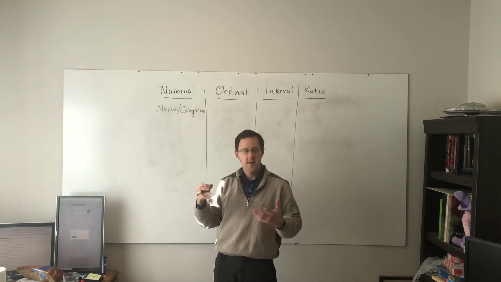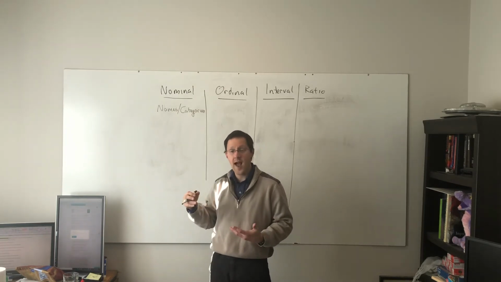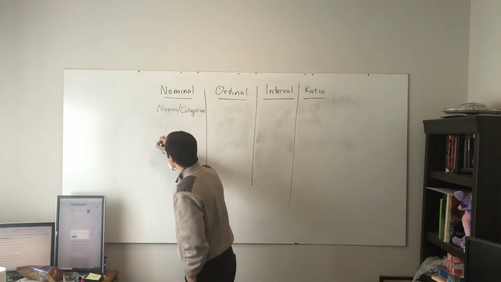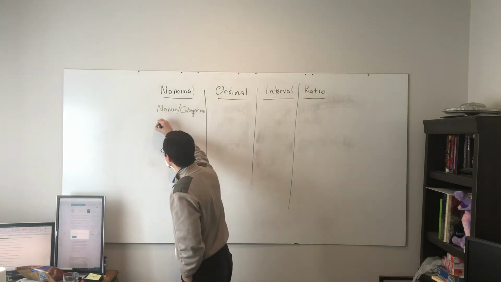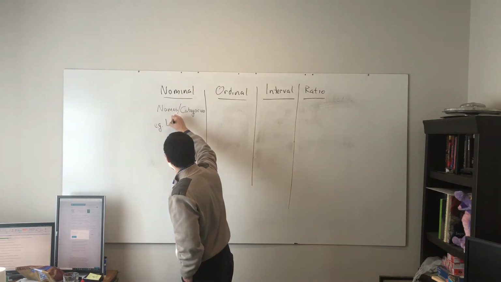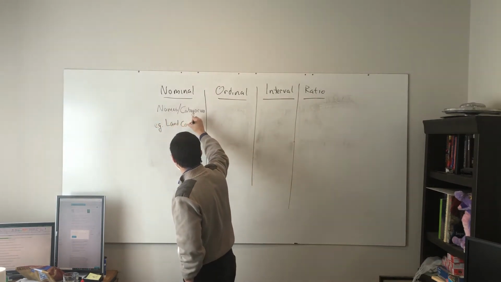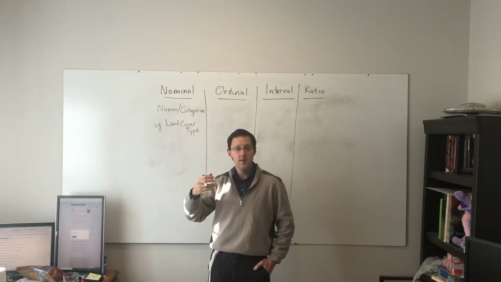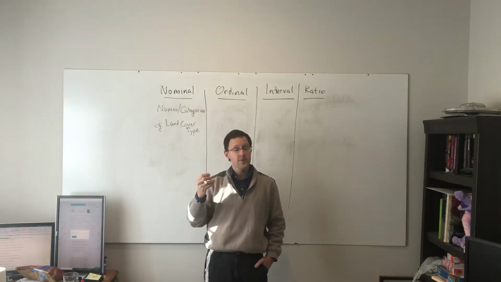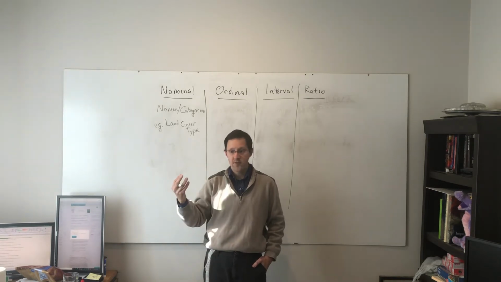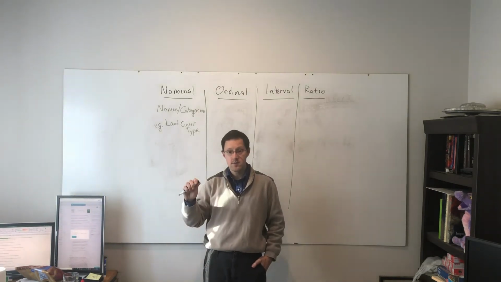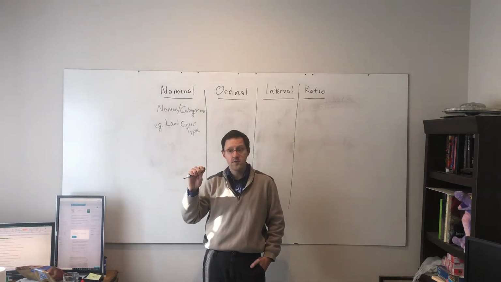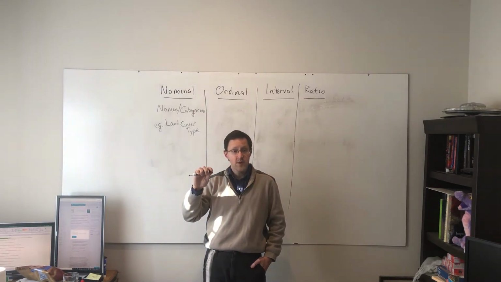Nominal data are an attribute that is a name or a category. As an example, something like the land cover type, or the name of a county, or some kind of, say, political classification.